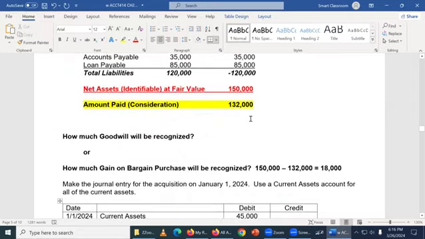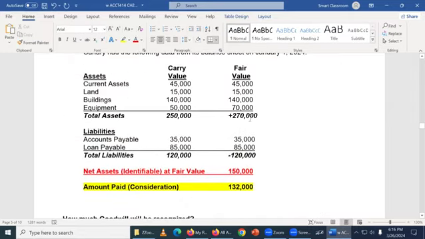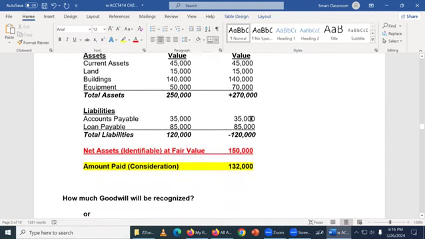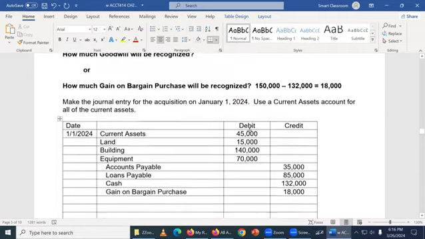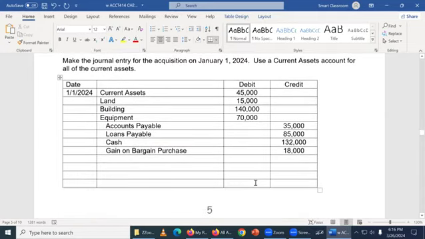It should be what, 270? If we add these up, these should also come up to 270.